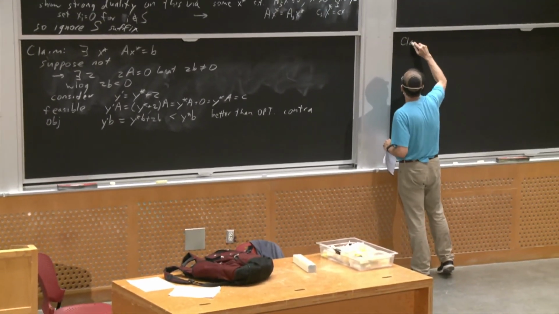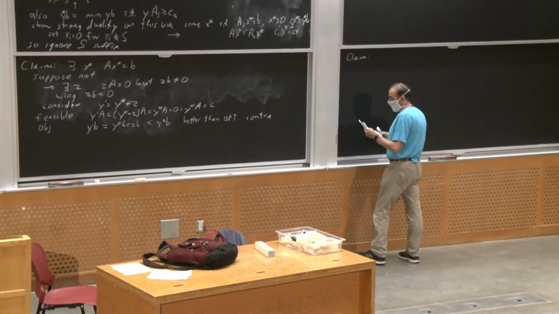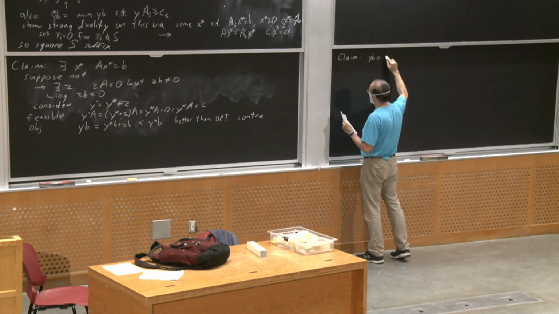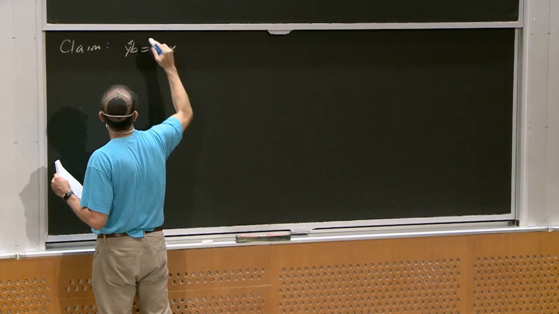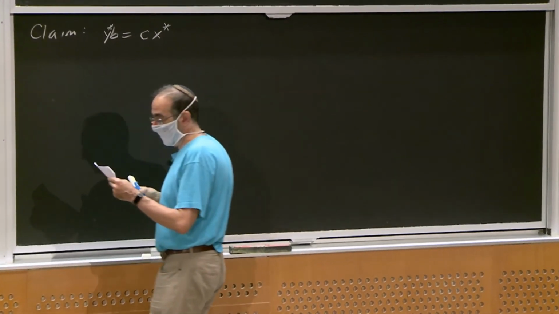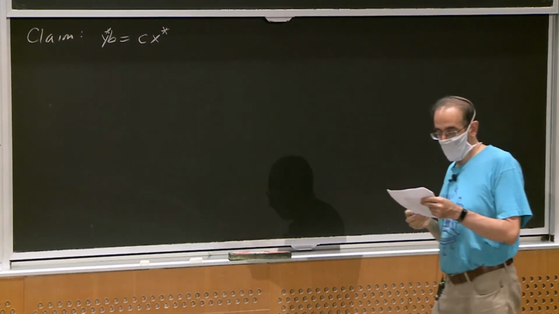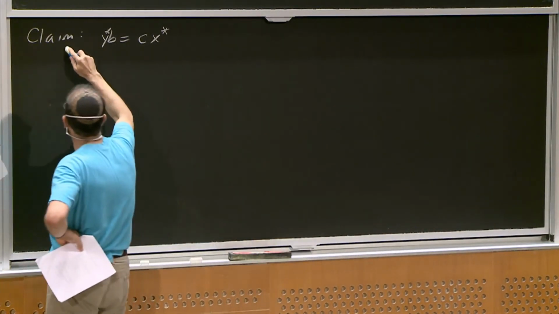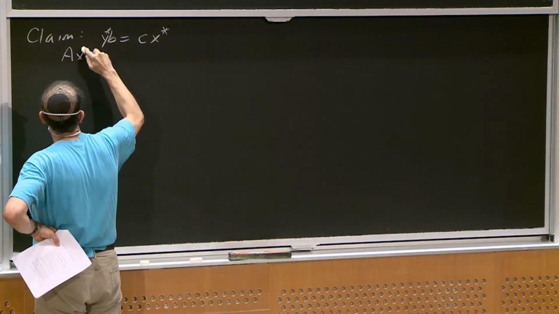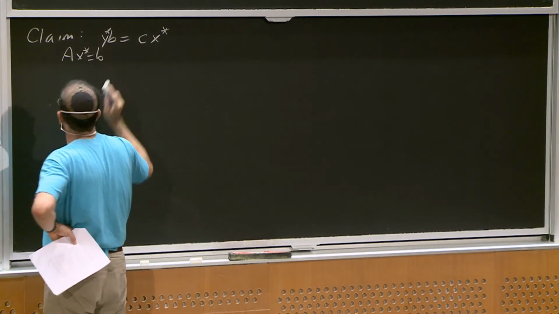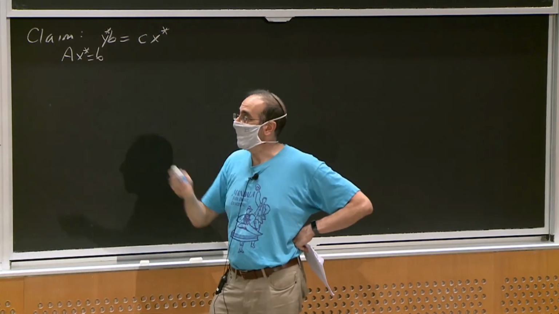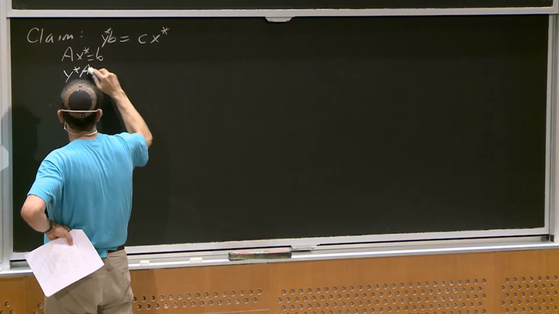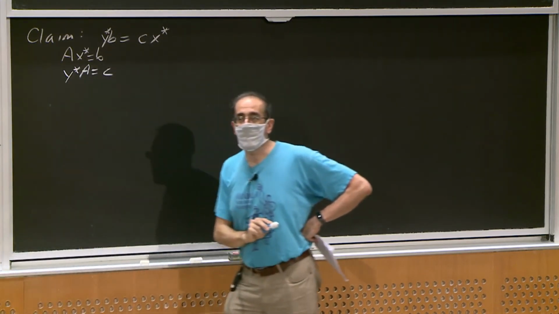So the next claim is that y star b is equal to c x star. Okay. And that one's actually trivial, right? We know that A x star is equal to b. That's what the claim said. We also, by construction, have that y star A is equal to c.